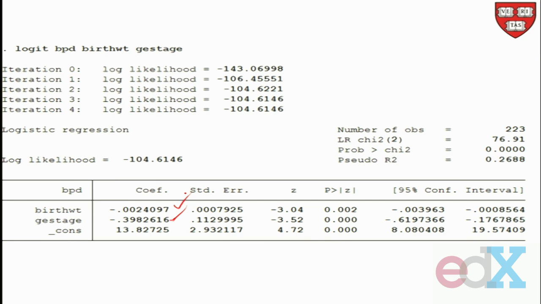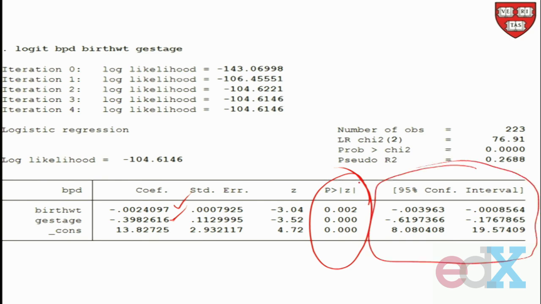Okay, so that's terrific. The p-values tell us that both those variables have a p-value less than 0.05, and so we would reject the null hypothesis that beta equals 0 for either of those. This is confirmed, of course, by the confidence intervals. None of those confidence intervals include the value 0.